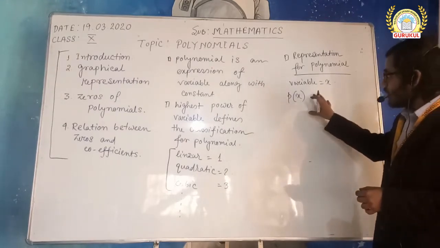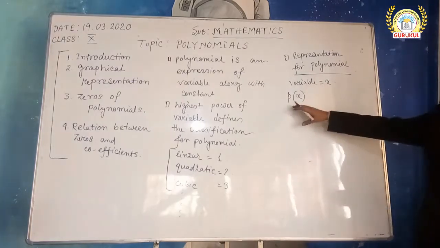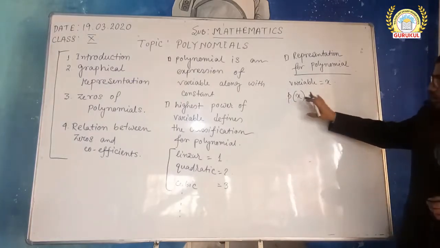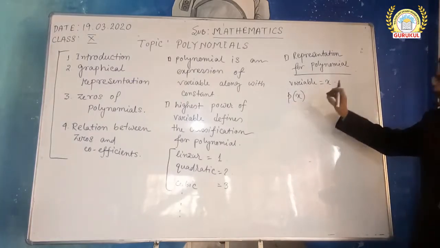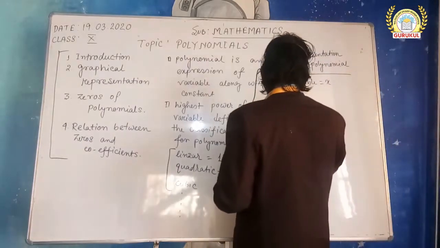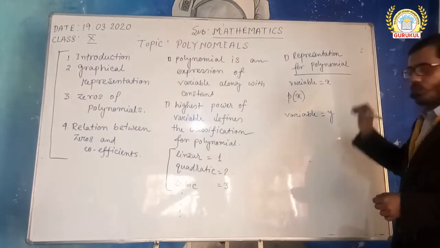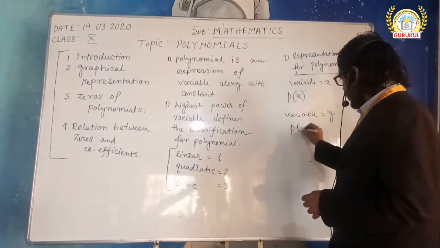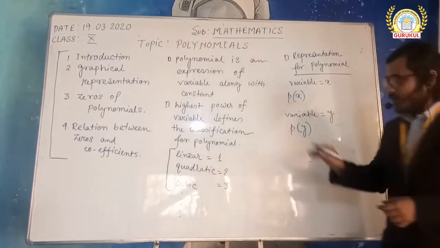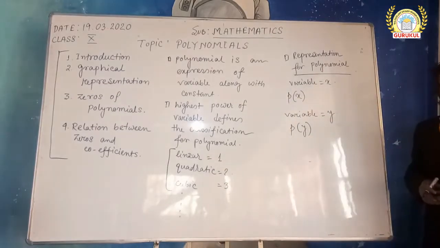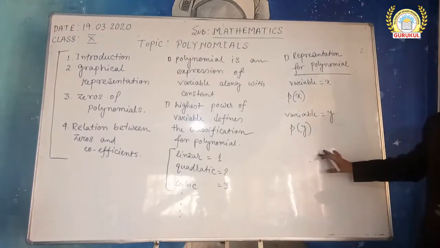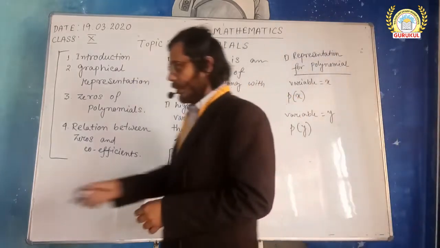And if we are using x, then we have to represent it by small p in first bracket x. If you use the variable as y, then you can use p of y. P stands for basically polynomial. So like this way, you can represent one polynomial.